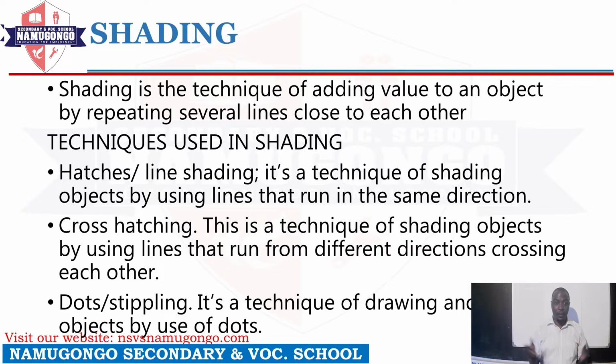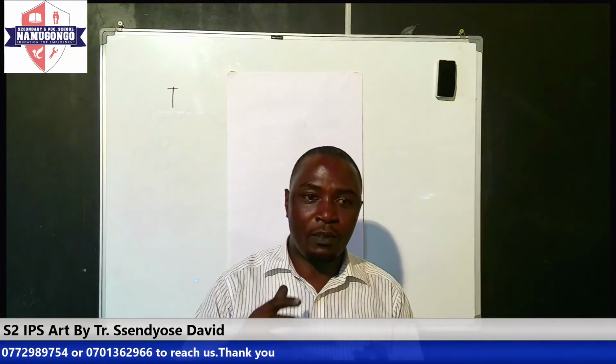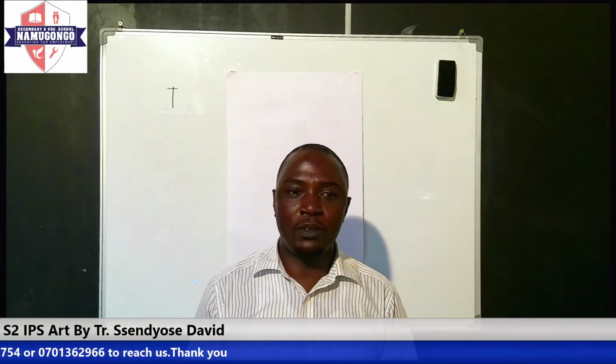And how can we define the term hatches? It is simply a technique of shading objects by using lines that run in the same direction, and in most cases they run in a diagonal direction. I will demonstrate to you this sometime to come.